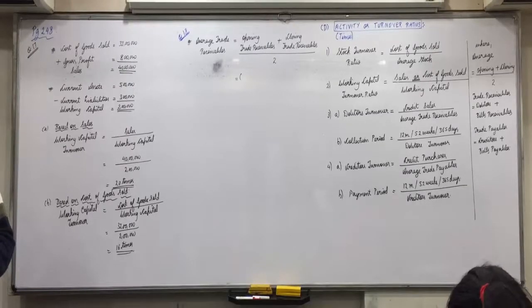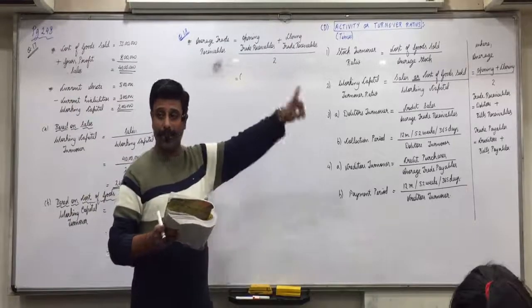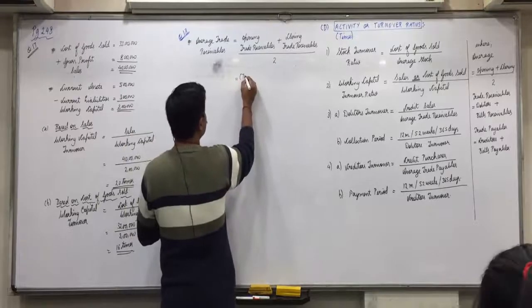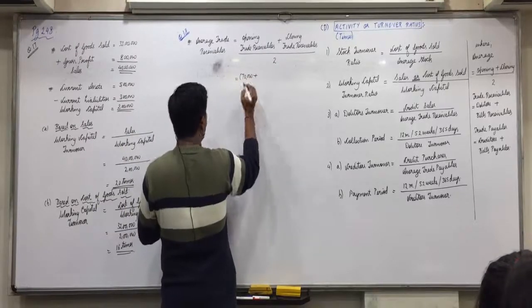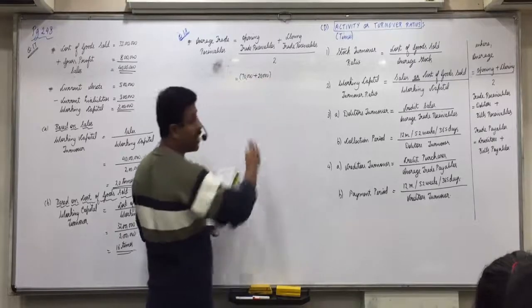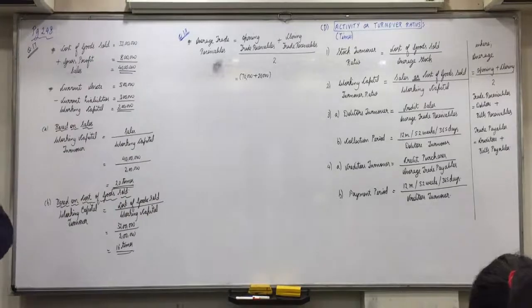Opening trade receivables will include opening debtors plus opening bills receivable. Opening debtors 70,000 plus opening bills receivable 20,000, so opening trade receivables are 90,000.